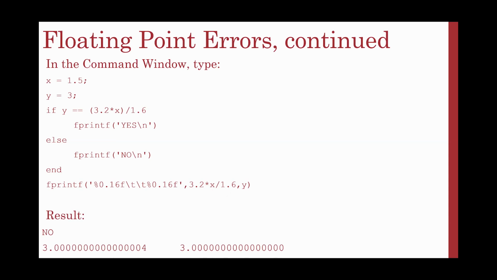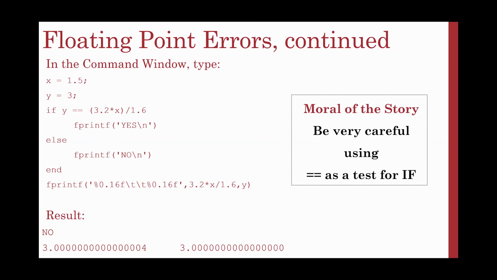So the result is no, because I'm getting an error here where I have a 4 coming into my calculation. Even though this result should give 3, it actually gives 3 point something, 4. The moral of the story is you have to be very careful using equals as a test in if, because it can cause errors in your code that you would not expect, given the precision that MATLAB carries out calculations to, with the 16th decimal point.